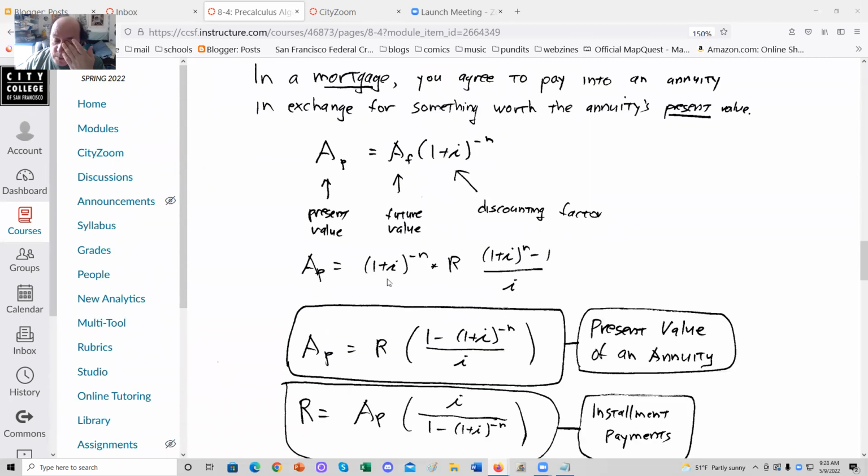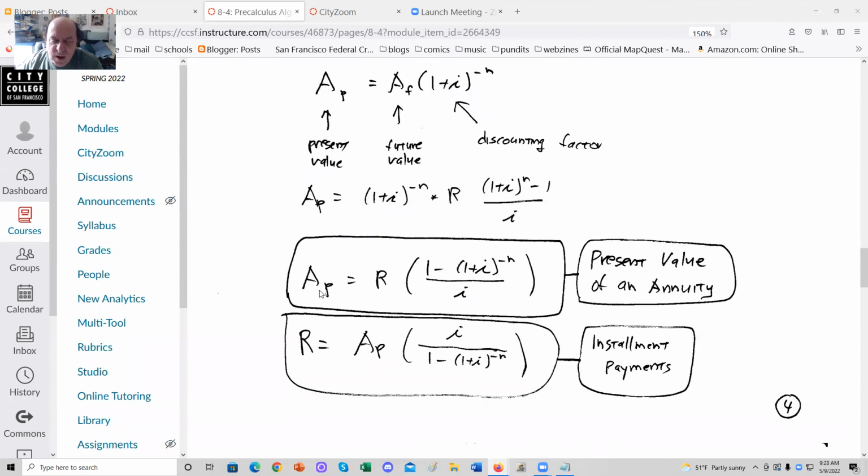The present value is (1 plus I) to the negative n times the future value, R, the regular payments, times ((1 plus I) to the n minus 1) over I. Multiplying this into this, things simplify. The present value of an annuity is the regular payment times (1 minus (1 plus I) to the negative n) over I.